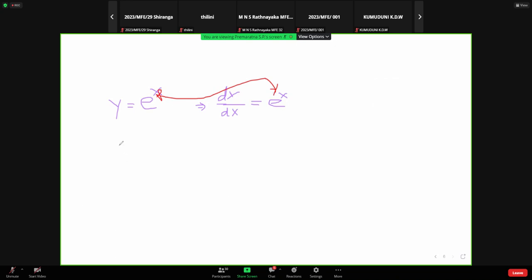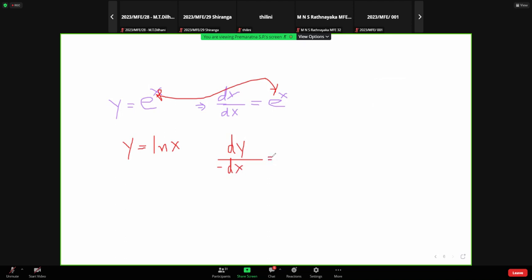Finally, if you look at the logarithm function, the natural log function, when you differentiate, let's say ln x, natural log of x, when you differentiate this with respect to x, you get the answer 1 divided by x.